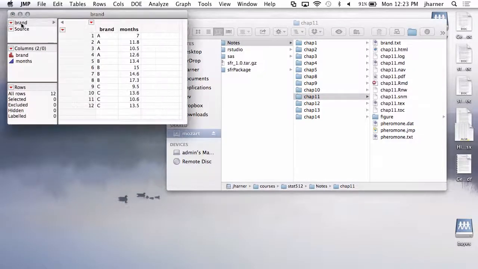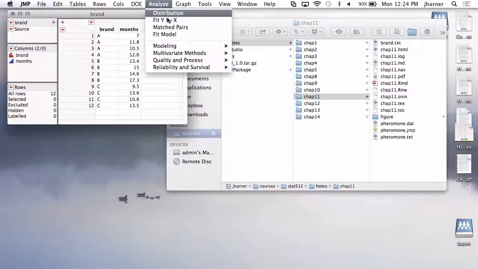But if you want to do variance components, so for example, if in fact the brand were a random selection of brands out of a bunch of brands, that would be an example. I'm not saying that's the case here, but if you had a random selection of brands out of this large group of brands, then the brand would be a random effect, not a fixed effect. And so if we pretend that's the case, how would you do that in JMP?